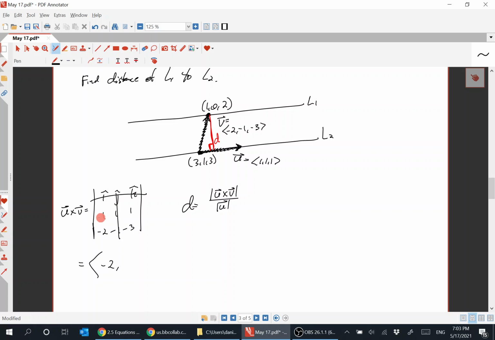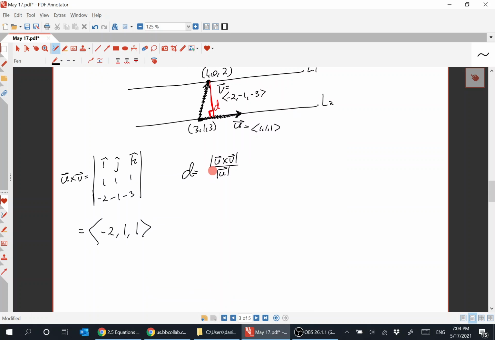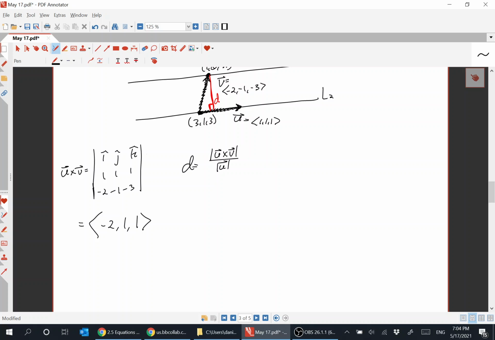The J is minus 3 plus 2 is minus 1, and then negate it. And the K is minus 1 plus 2 is 1. So (-2, 1, 1) is U cross V. Did I do that right?